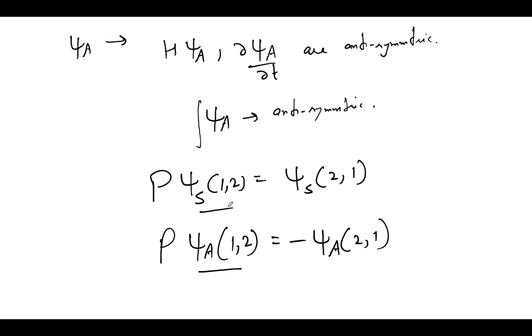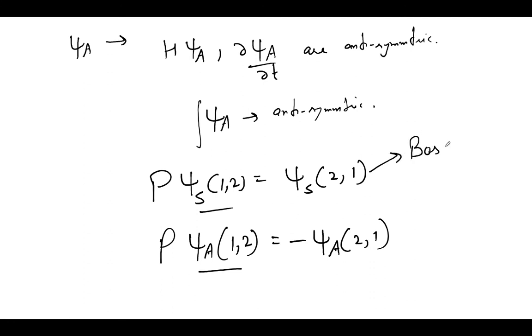Identical particles having an integral spin quantum number are generally represented with the symmetric wave function. The class of particles described by the symmetric wave function is generally known as bosons.